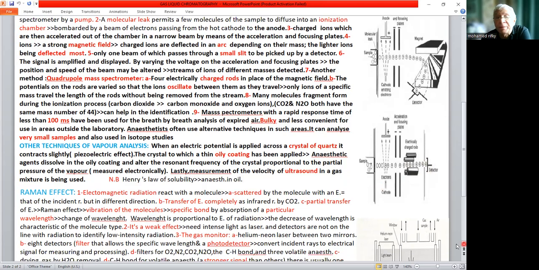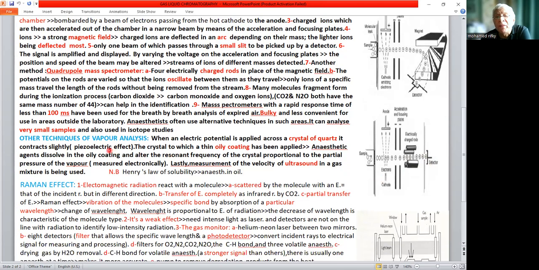The last thing, of course, there are other methods to identify the vapors. We have the crystal of quartz. This crystal, whenever it is being electrified, it oscillates.